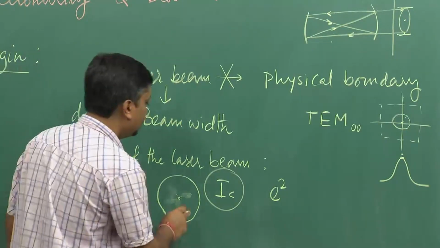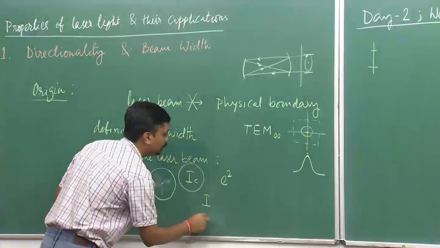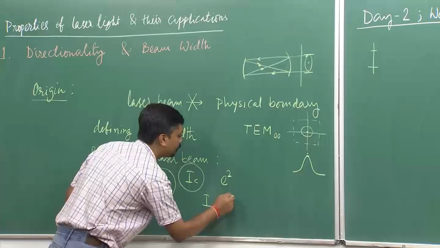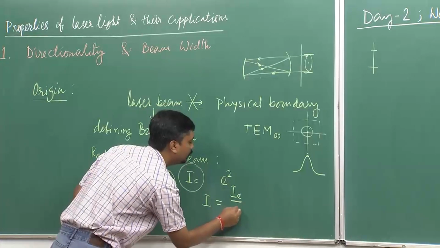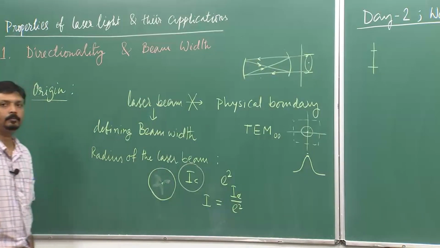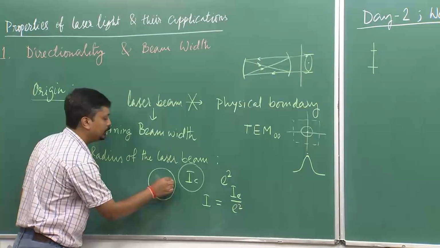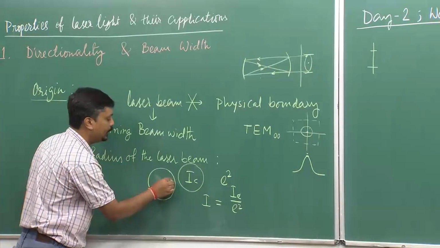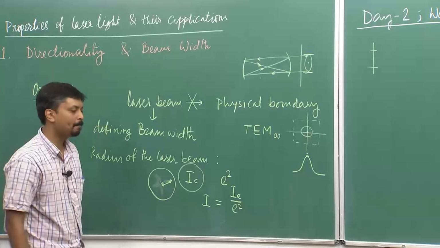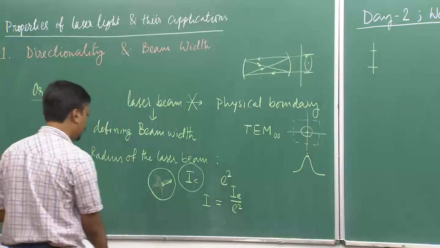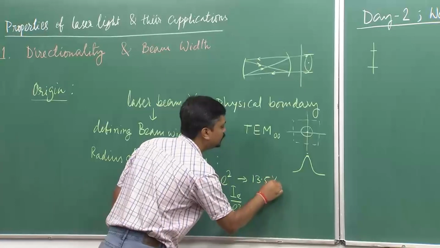So essentially at a distance where the intensity will be I_c by e squared, say that distance is here, then I will say this is the radius of my beam, and this e squared is roughly 13.5%.